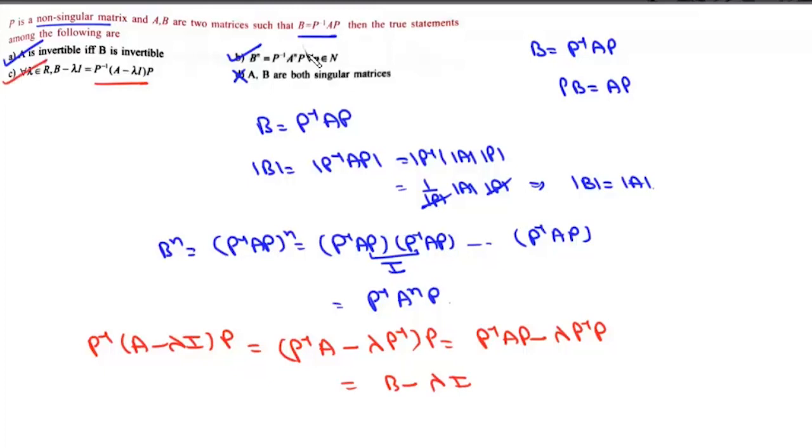So if lambda is an eigenvalue of B, then lambda is also an eigenvalue for P inverse AP. So the correct options are A, B and C.